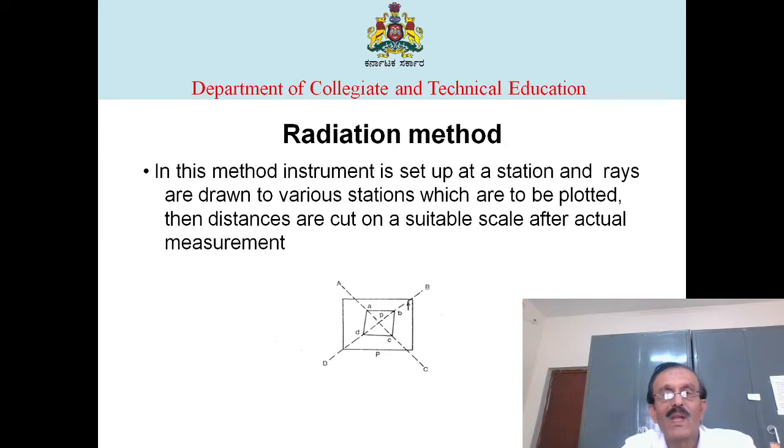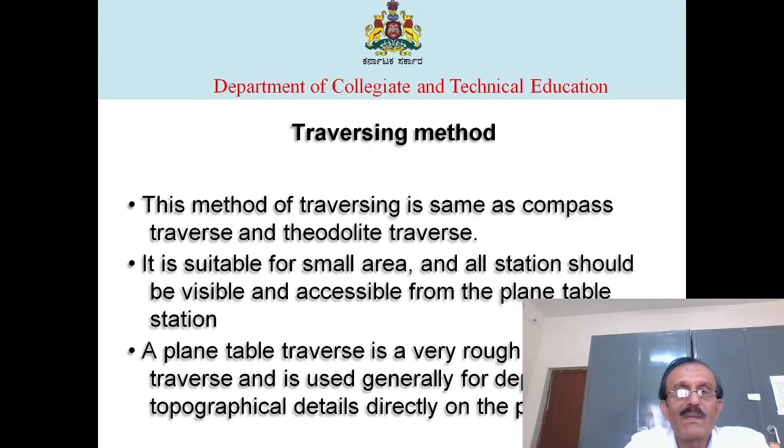In this method, the instrument is set up at a station and rays are drawn to various stations which are to be plotted. Then distances are cut on a suitable scale after actual measurement. Physically, the measurement will be done from the plane table station and the measured distance will be drawn to some scale on the sheet.